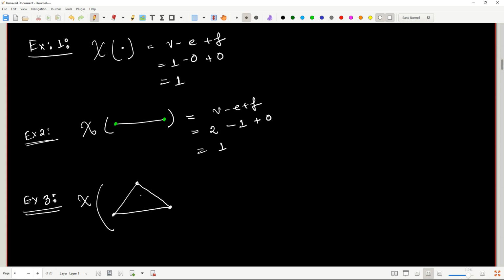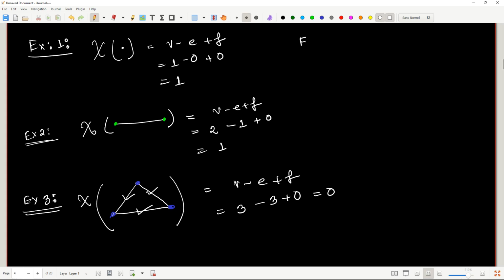There is nothing over here where the cursor is hovering. Okay. So if you want to compute that, we again write the relation. You see that there are 3 vertices, right? And we have 1, 2, 3 edges, right? And 0 face. So this is 0.